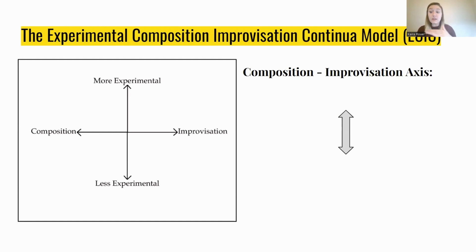The horizontal axis is our composition to improvisation axis. And Spence actually quotes Nettle in their 1974 article about composition and improvisation. He quotes them in saying the juxtaposing of composition, improvisation as fundamentally different processes is false.